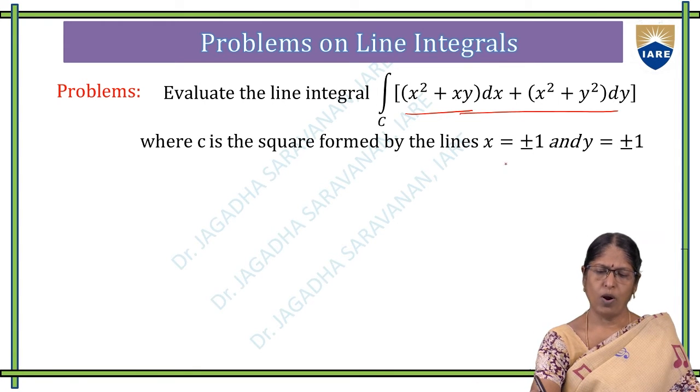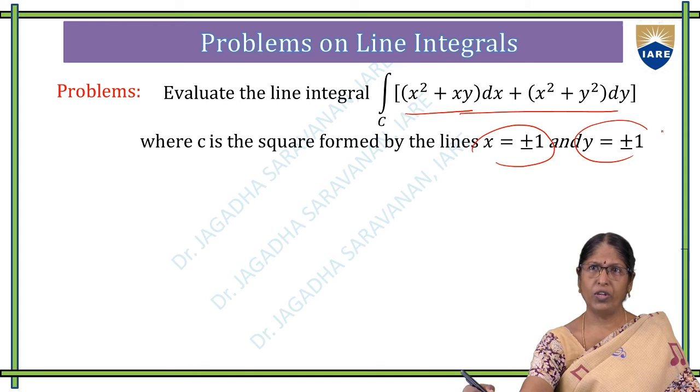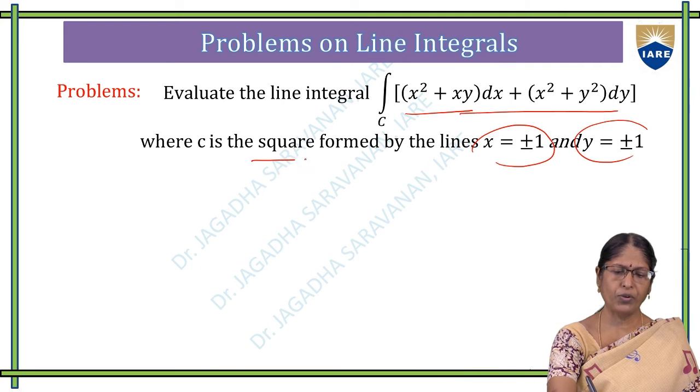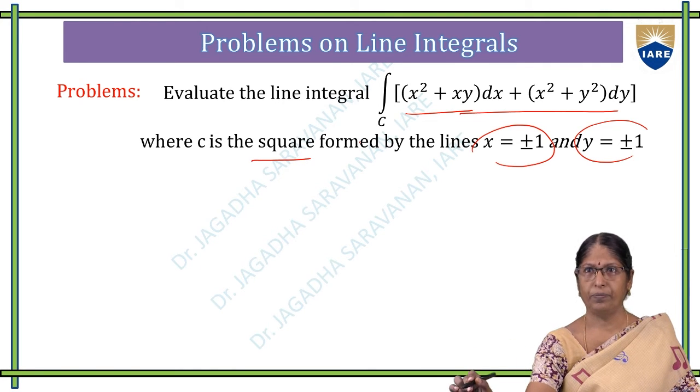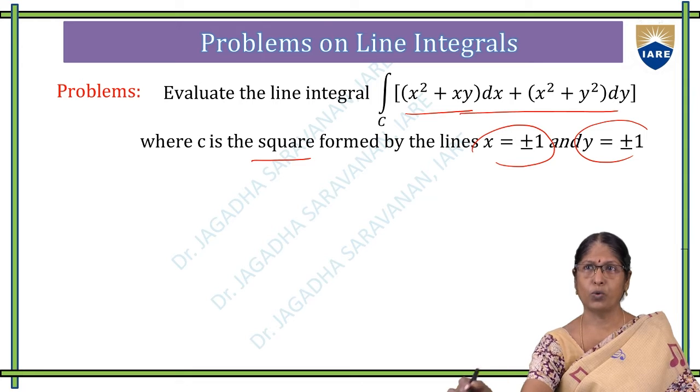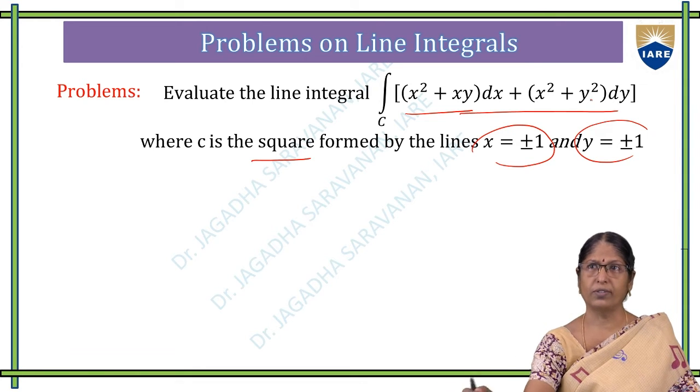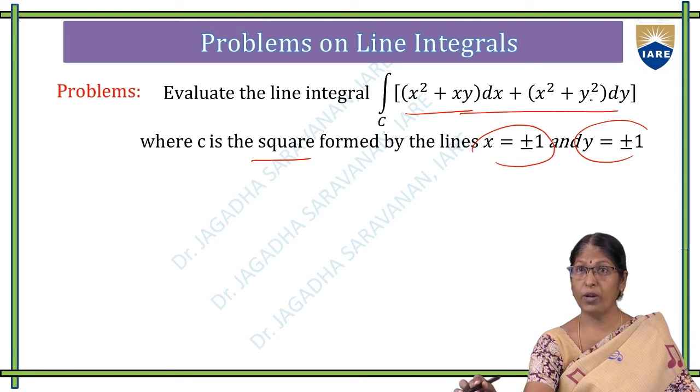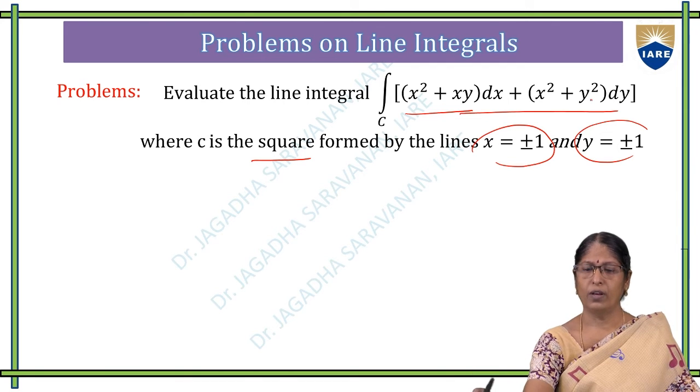That is the bounded region condition which is given; if we join it as a geometrical figure, what we are going to get is a square. That is the meaning of this question. The function should be over a closed curve. So evaluate for this function using these bounded region conditions.